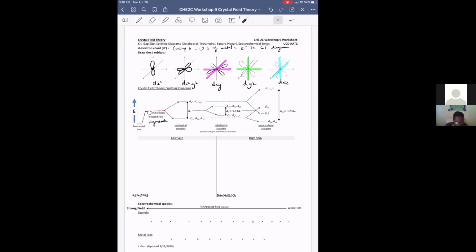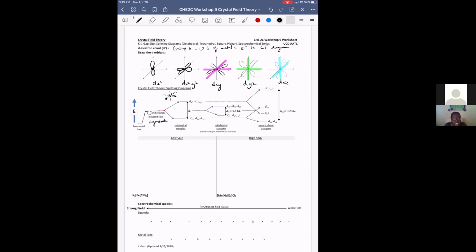So one splitting that we'll see is for octahedral complexes, right, where we have a metal center, and for our metal center, we have 2 ligands in the axial position, and then we have 4 more ligands in our equatorial position. And this will be our octahedral splitting. And as we have better overlap with our d orbitals, we'll have higher energy, right?